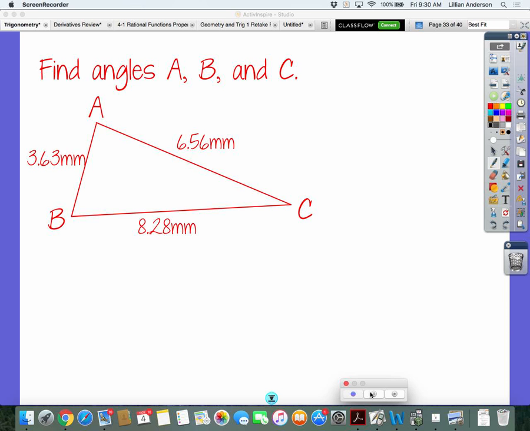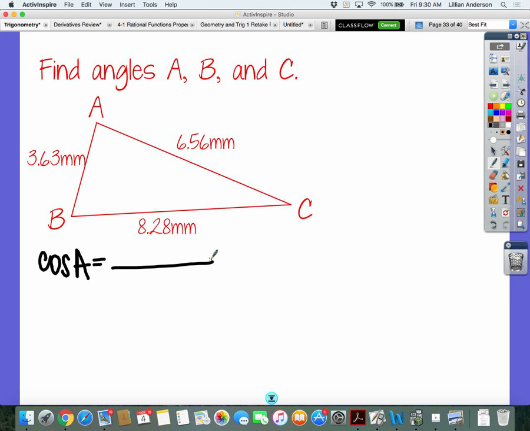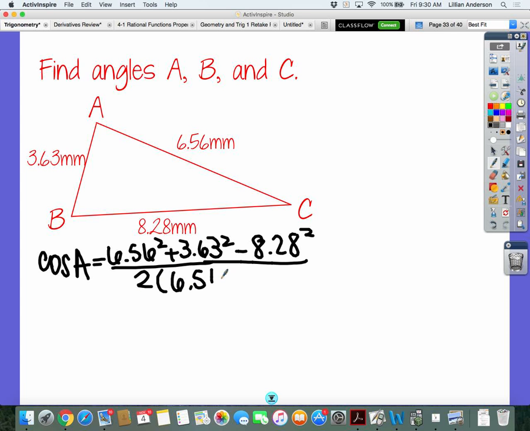Here we go. All right, which angle did you guys find first? A. A, cool. So did you use the cosine A formula? Yes. So cosine A equals what? What was the setup? 6.56 squared plus 3.63 squared minus 8.28 squared over 2 times 6.56 times 3.63.